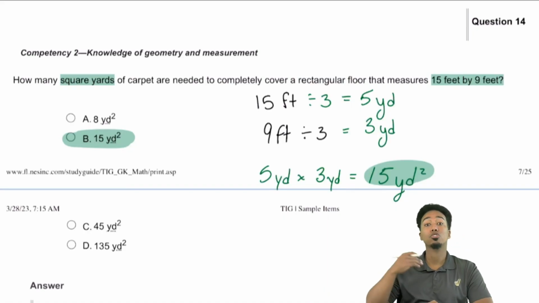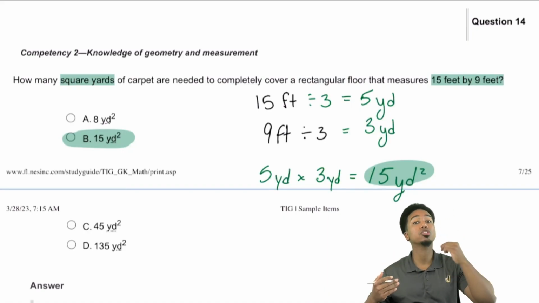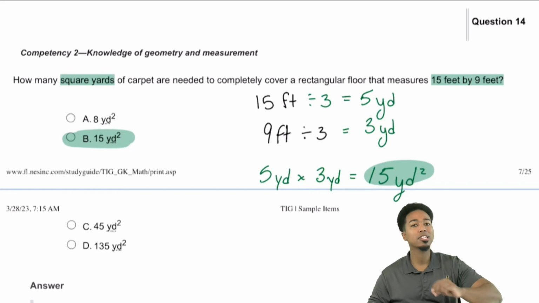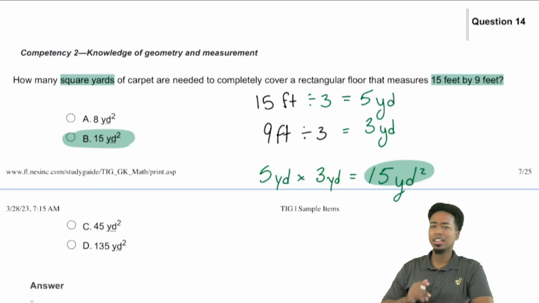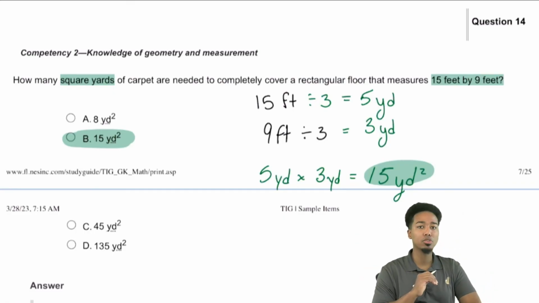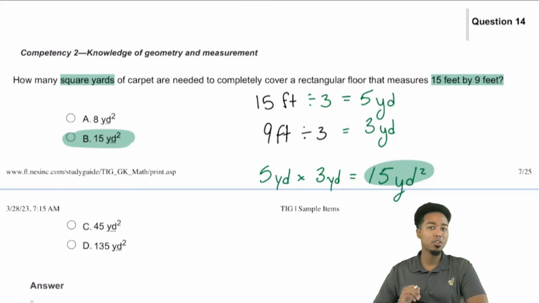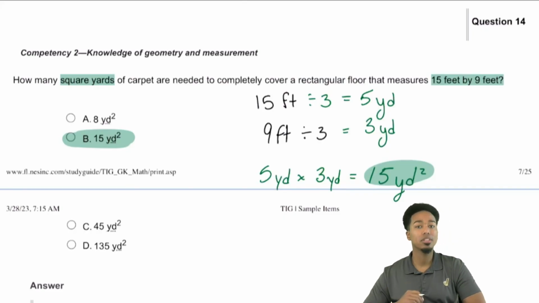So if you're converting a square unit, you need to do the square of the conversion. So instead of dividing by 3, you should divide by 9 to go from 135 back to 15. Again, common mistake, but we do need to be very, very aware of how to convert units, square units, and cubic units.